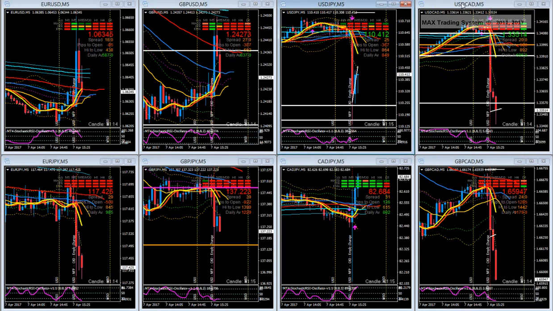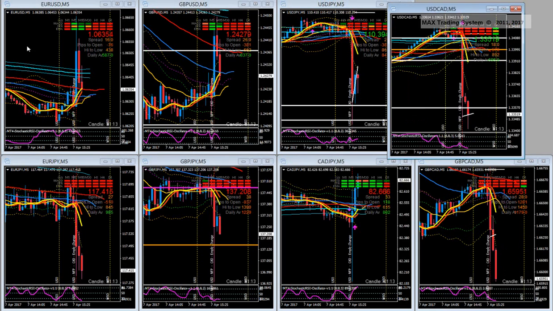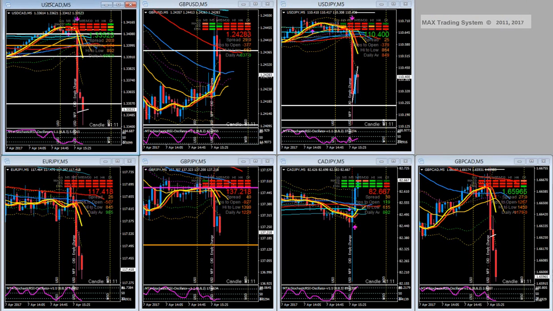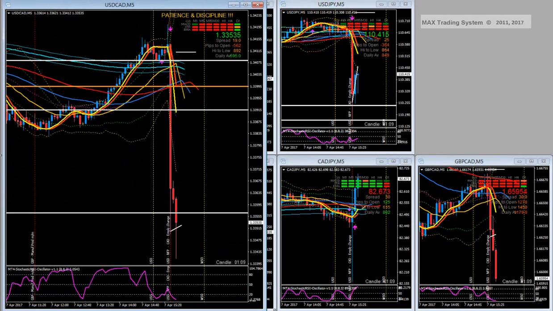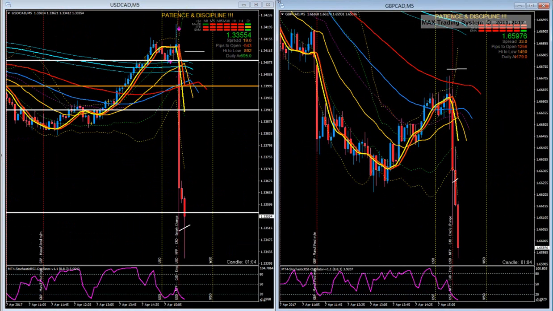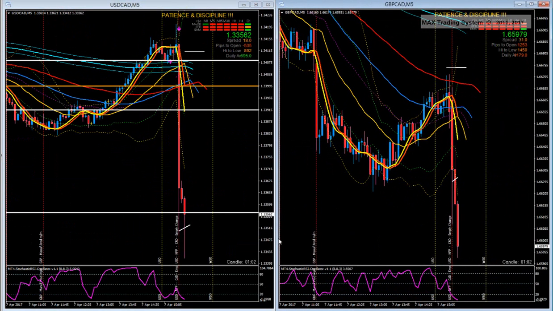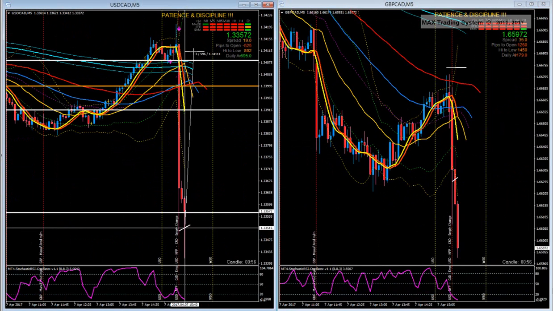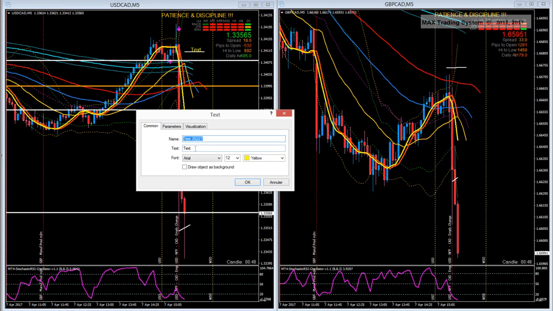And what I'm going to do is widen the two charts to focus only on these two charts. I'm going to write on the two charts the size of the stop loss. So here we have a stop loss of, let's say, 60 pips plus the spread, so 62 pips, a bit large, but that's the price to pay in such circumstances.